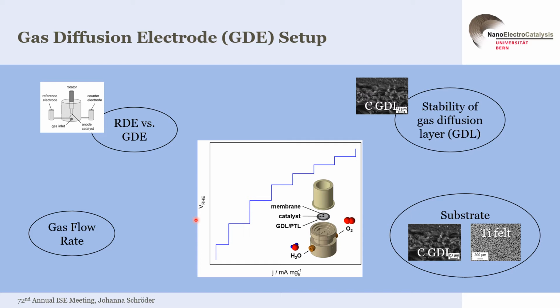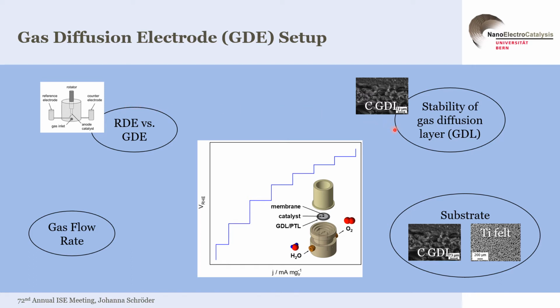Today I will talk about 4 aspects of my work. First, I will talk about the influence of the gas flow rate and why we need to consider this in our way of measuring. The second point, I will compare results obtained in the gas diffusion electrode setup with measurements in RDE setups, the standard testing device for catalysts.